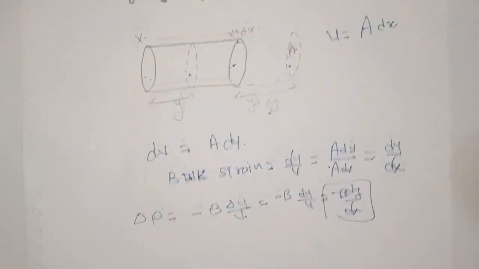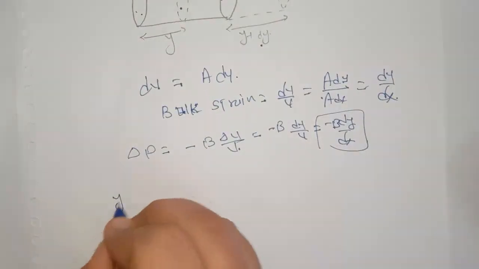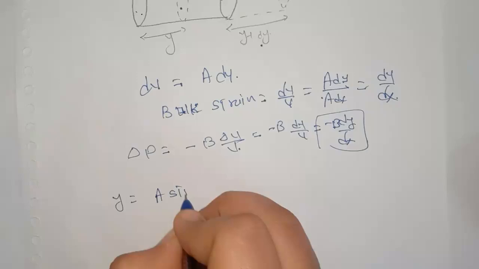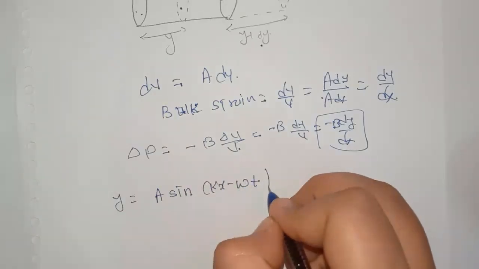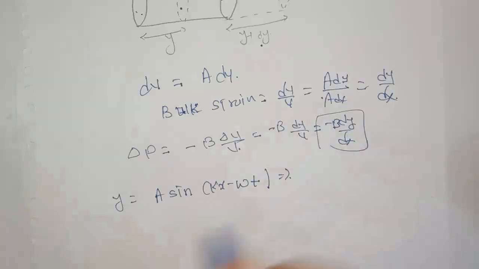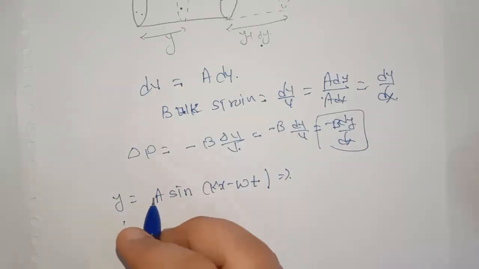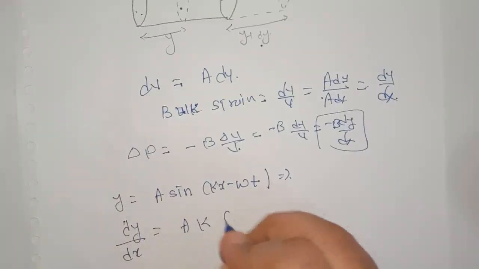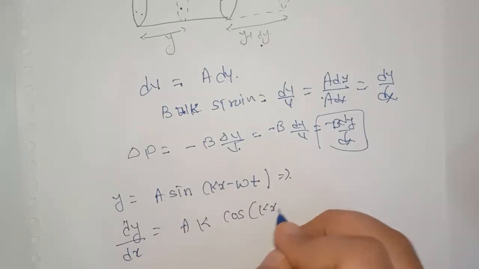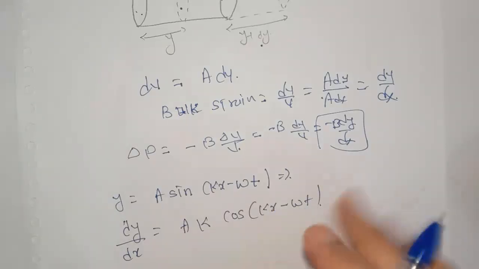Now, our basic equation was y equals A sin(kx minus omega t). If we differentiate both sides with respect to x, dy by dx equals A k cos(kx minus omega t).